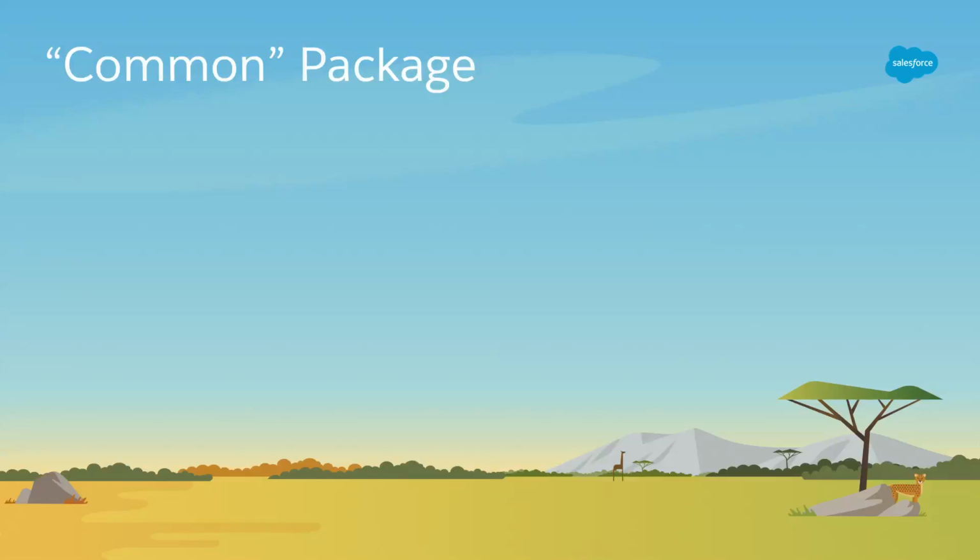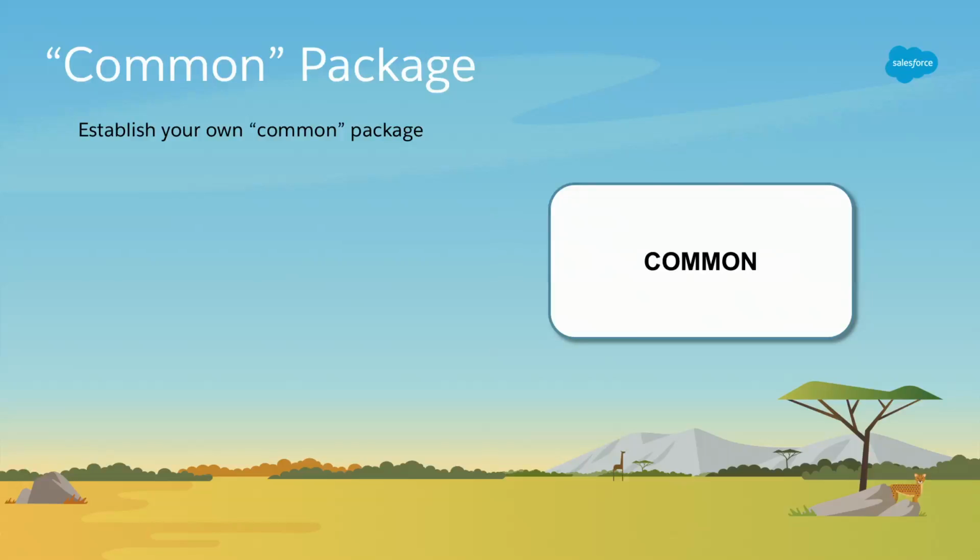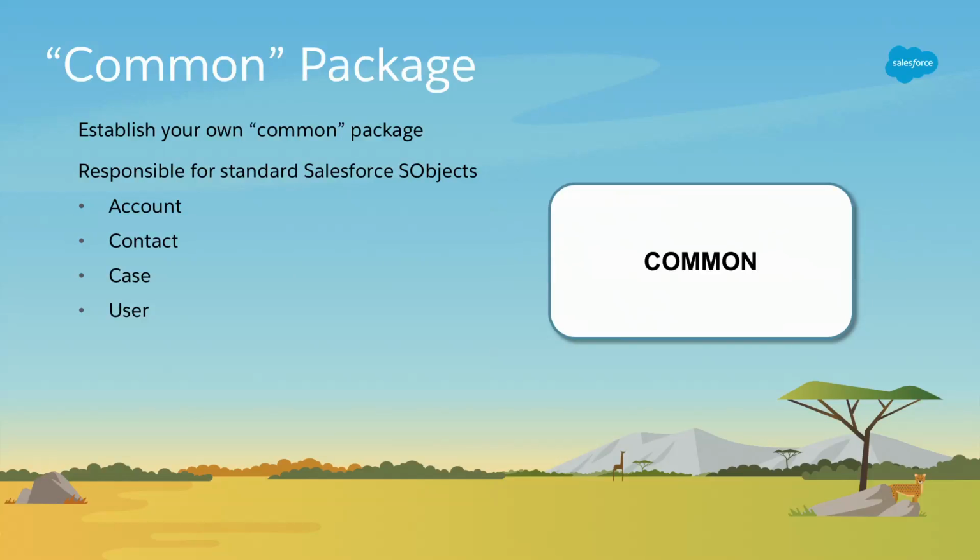But then it also came to mind that we need a common package. And when I say common, it's a package that we basically make responsible for governing the account, the contact, and the user objects. Those standard objects that get a lot of work, get a lot of interaction, and there are some basic commands about them.